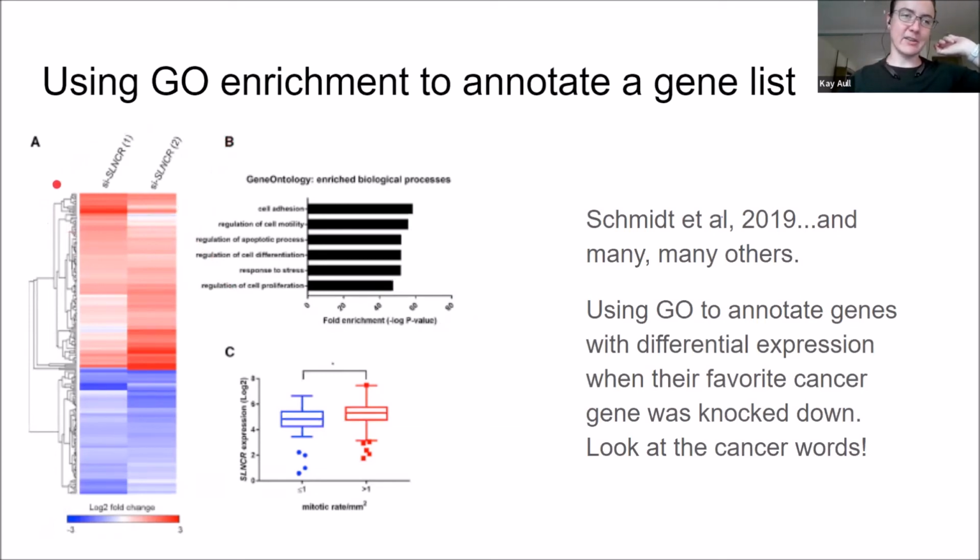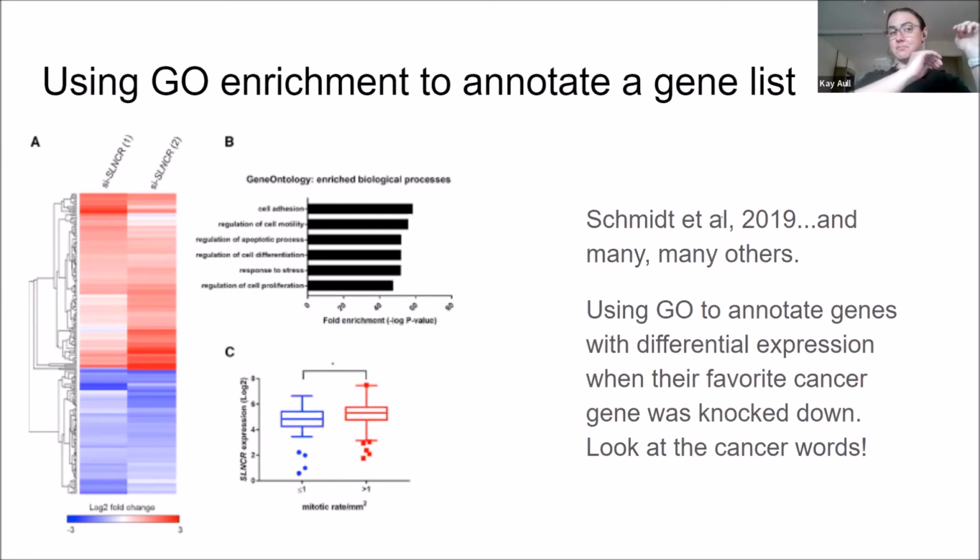They're looking at things that are differentially expressed in cases where they have knocked down their favorite cancer genes, and they look for, given this gene list, what words show up in this list.